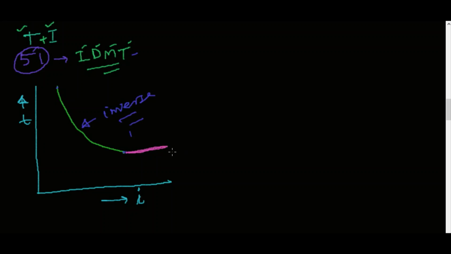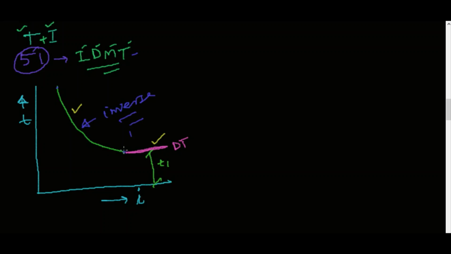This will be the DT characteristic, definite time, with time discrimination. That means this part is inverse and this part is definite time. So this is the combination of the inverse characteristic and the definite time characteristic.